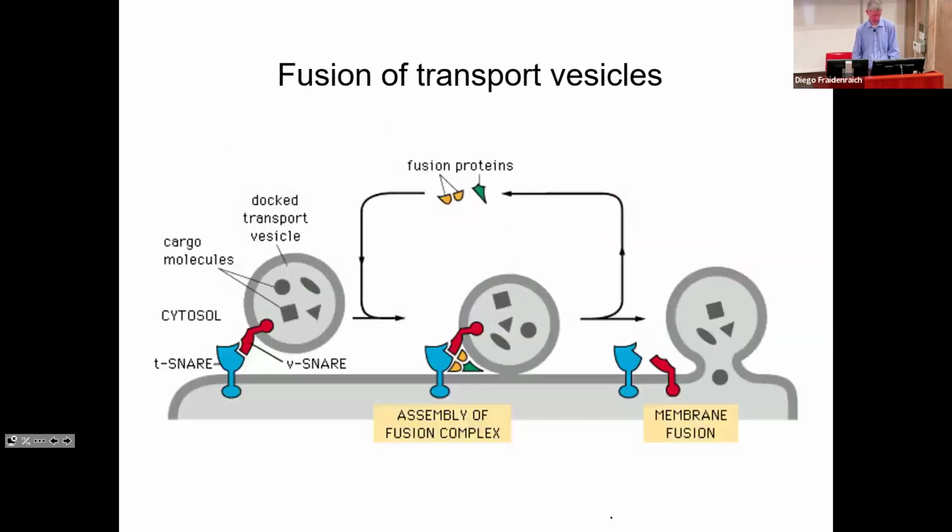Docking or fusing of the vesicle with the target membrane depends on an interaction of a protein on the vesicle surface and the receptor sitting in the target membrane. This allows vesicles to fuse specifically with the target membrane.